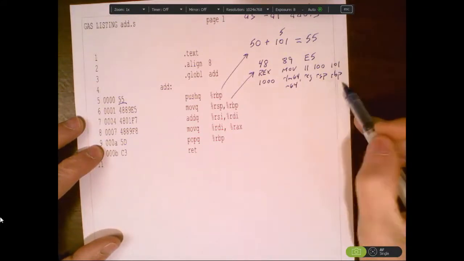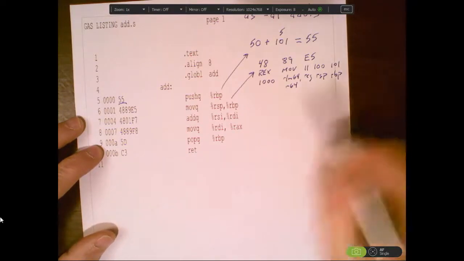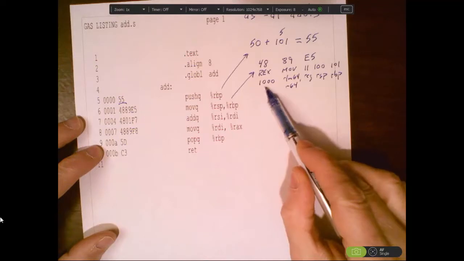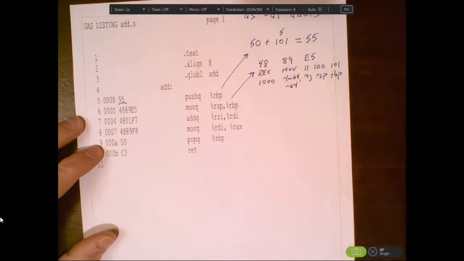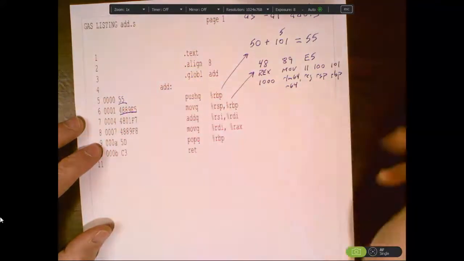Again, we're using traditional registers that existed in the 32-bit version of the machine, because these 2 bits are not turned on. All right. So again, that's the encoding right there.